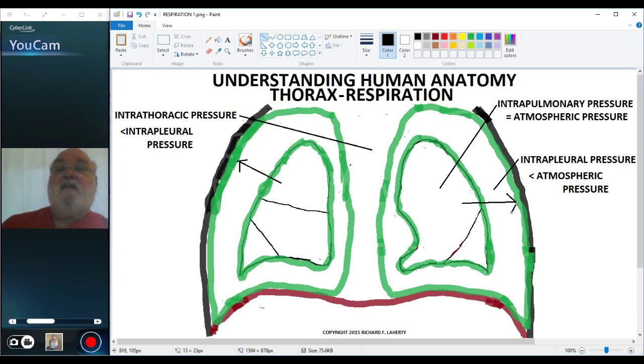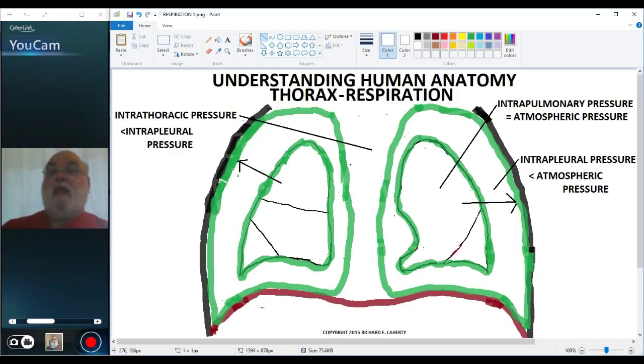With the intrapleural pressure being greater than the intrathoracic pressure, that means that the parietal pleura is also pulled up tight against the body wall, so that any change in the body wall will result in a change in the pleura.